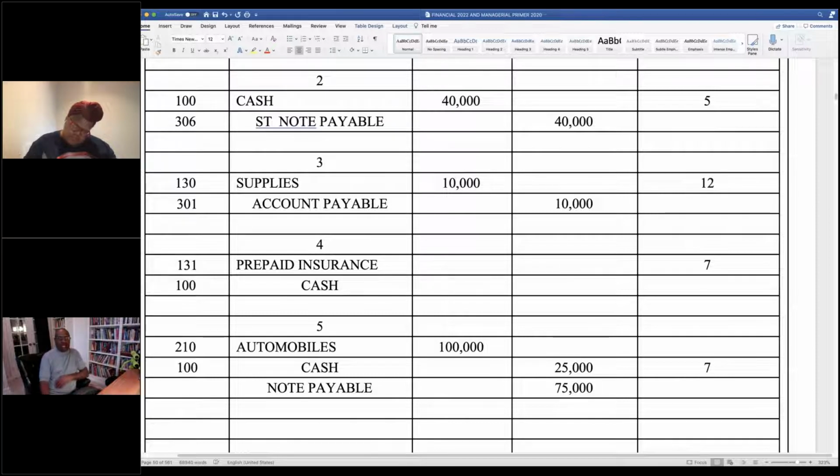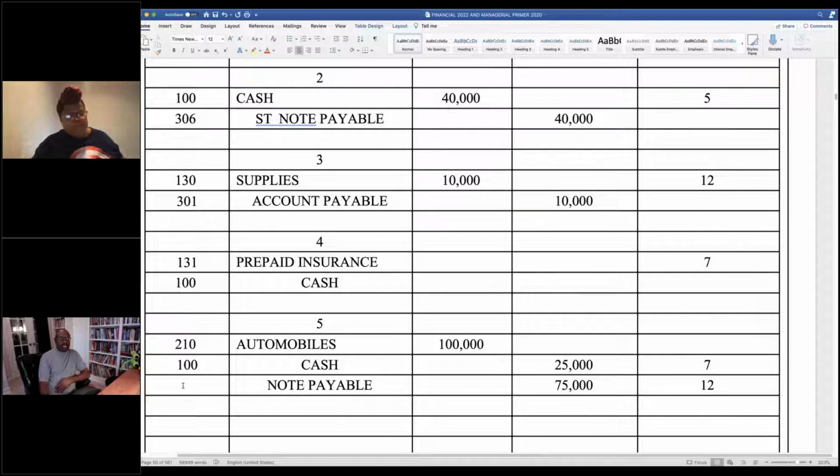But what type of transaction is this part of getting those automobiles? Liability created. So what type is it? 12. It's 12. And what's the account number for note payable? 350.